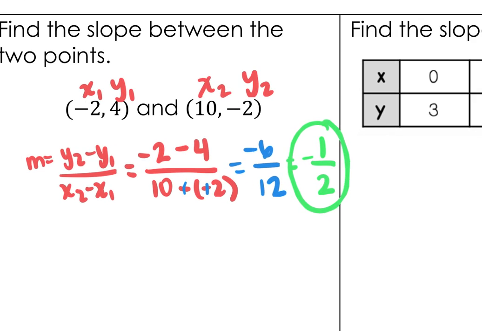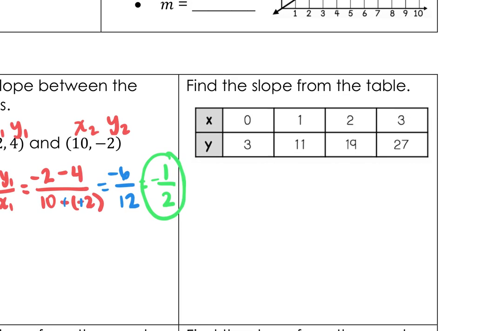All right, we're going to do one more together, and then I'm going to have you try that fourth one with your partner. So this time we have a table. This table has 4 points. We only need 2. It does not matter which 2 points you pick, because as long as we all reduce our slope, we're all going to get the same thing. I'm going to go ahead and just choose these first 2.